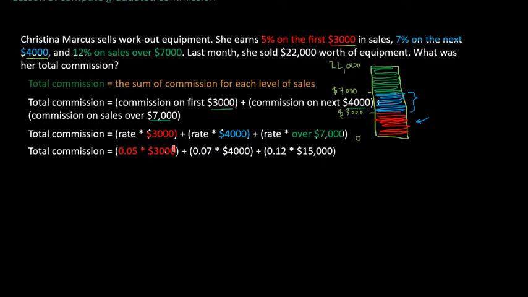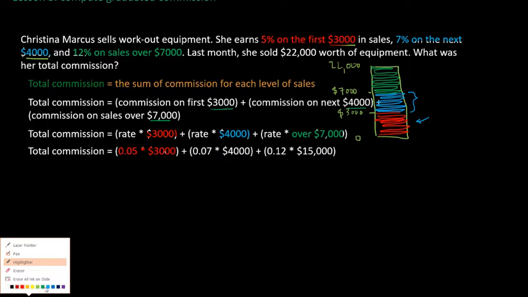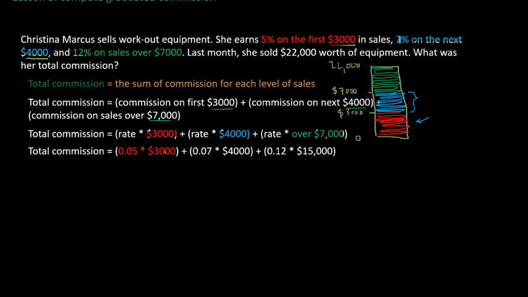So we leave that alone. That's one chunk of her commission. And then she has this other piece, which is where she earned 7% on the next $4,000 that she sold. So 7%, 0.07 in decimal form, on the next $4,000 in sales.